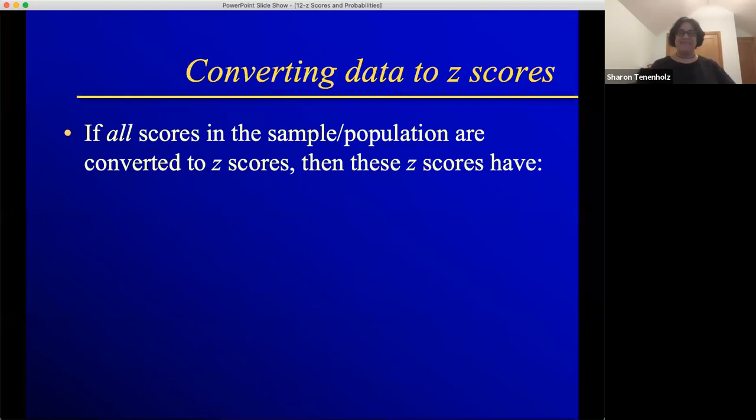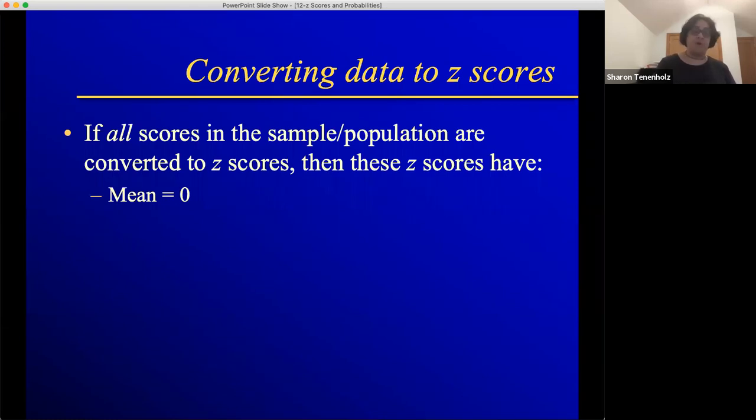Okay. Then let's continue with our understanding of z-scores. If we convert all of the data in a sample or population to z-scores, then the distribution of z-scores will have a few properties that will always be in common.